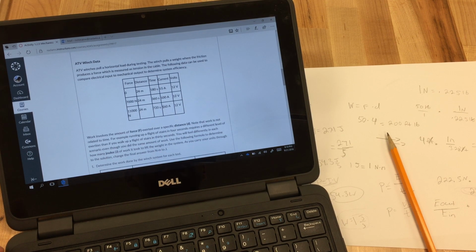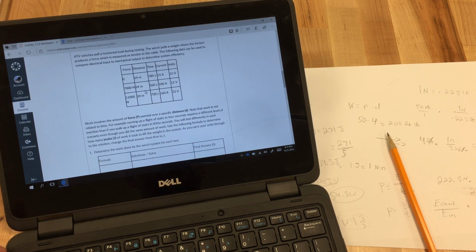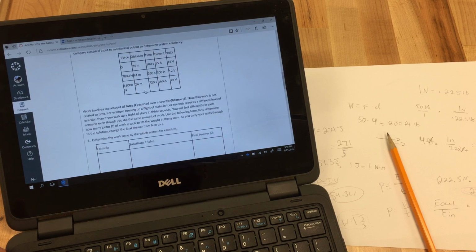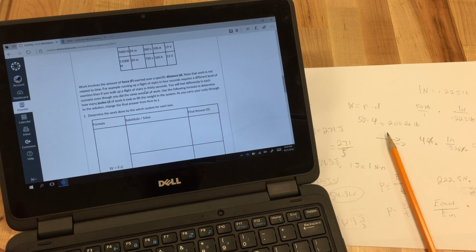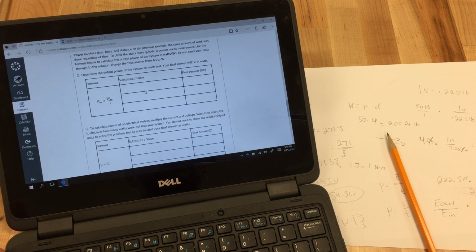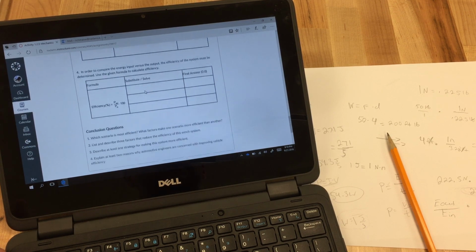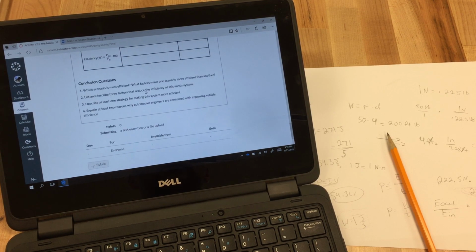Make sure you read this. Here are your forces, here is your distance. Isn't it nice? They already put in newtons and meters for you. Go through this. If you have questions, talk to the sub. But read your instructions, and then you will submit that to the sub for grading.